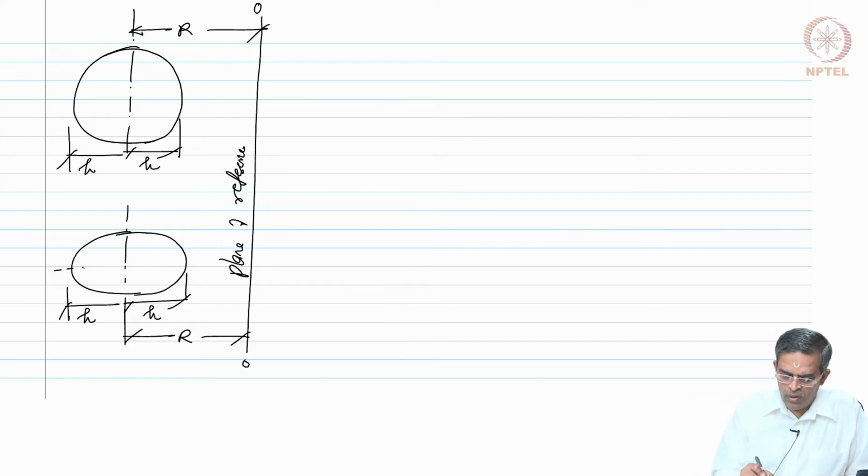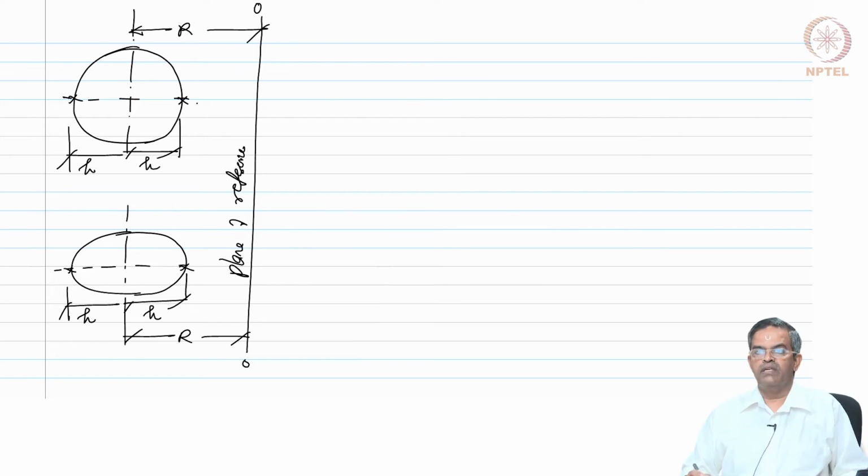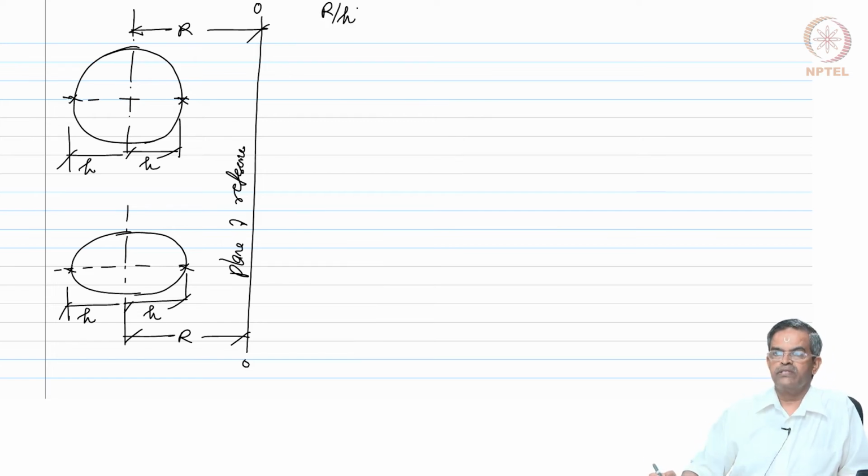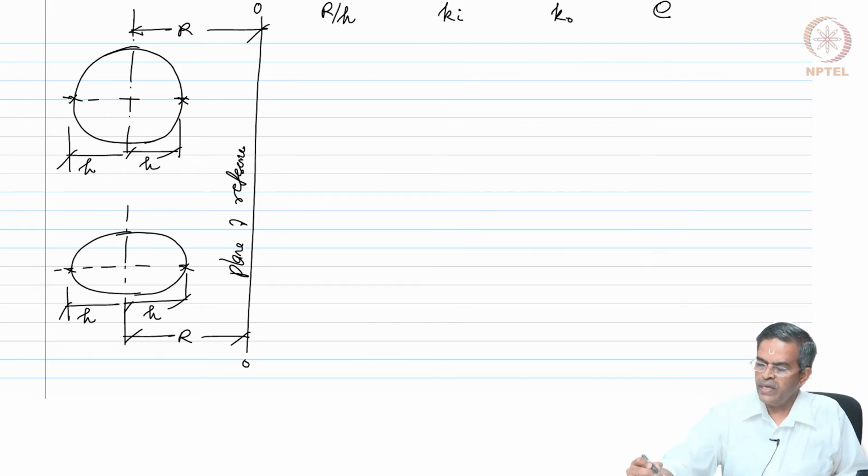So, he is trying to work out only the stresses in the intrados and extrados, only here, not anywhere in between. So, he has given the values of R by H, and he has given the coefficients Ki and Ko. Then he also compared e when the beam is under pure bending.